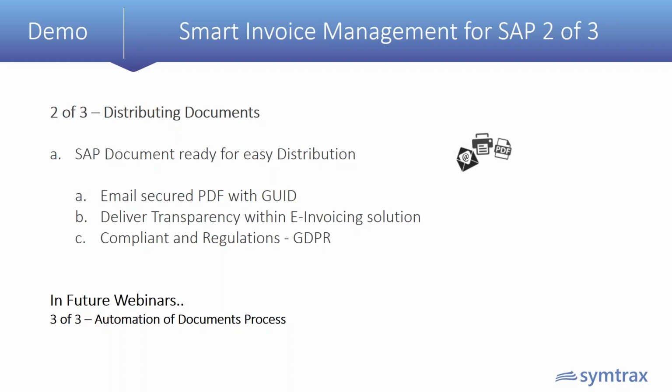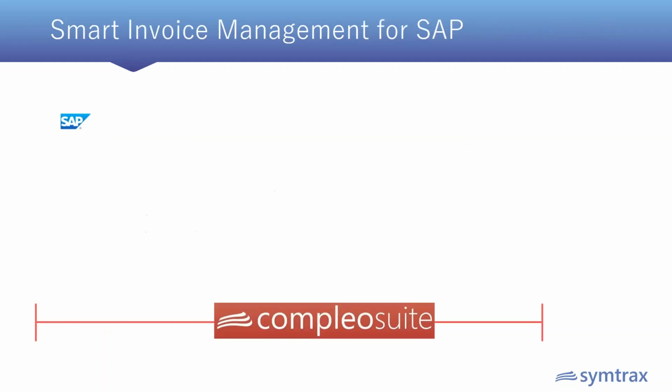So as I've highlighted here, the next session will be maybe the most interesting, shall I say, around automation and how this whole document process flow can be automated and streamlined. So I'll touch on how things can be distributed, and touch very briefly on how the workflows work as well.